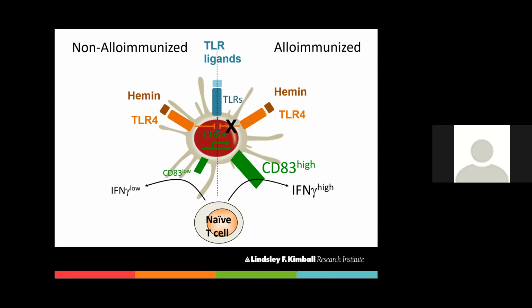By studying it this way, we can get a handle and then go back and test it in a bigger population before the patients start getting transfused. That's a whole other topic, but this is where we are, and it was important to give you a picture of the kind of stuff we're doing. This is an interesting story.